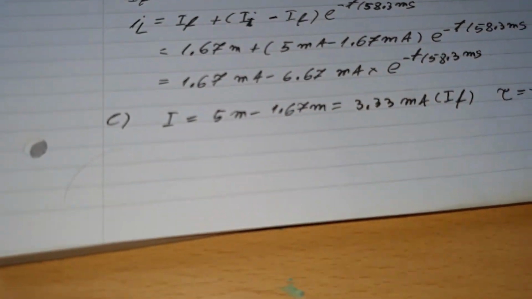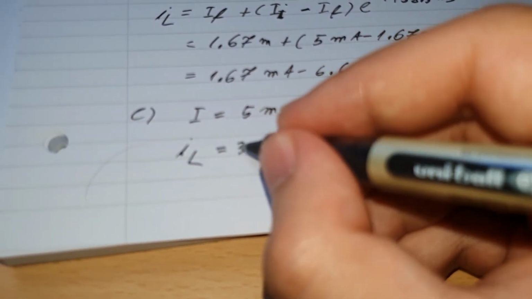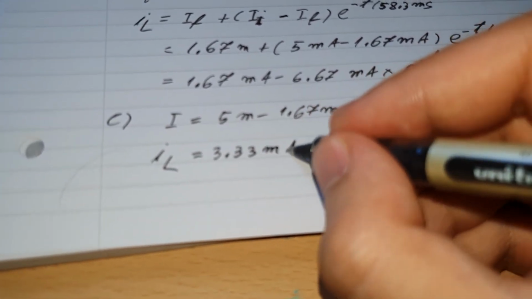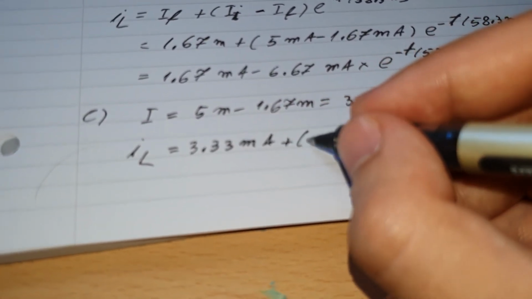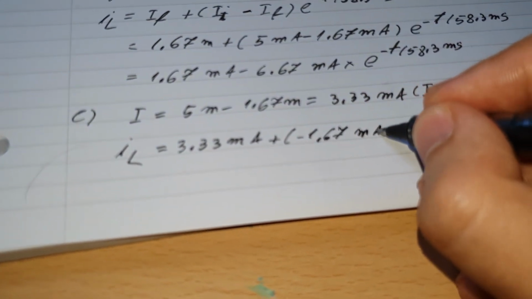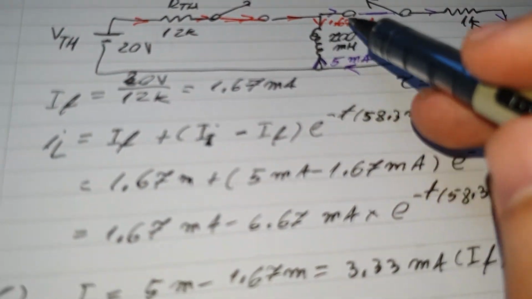All right, so now we found the current, so that will be easy. We found the reference current, therefore IL will be equal to the reference current, which should be 3.33 milliamps, which will be the end current really, plus minus 1.67 milliamps, which is the current that was inside the inductor already.